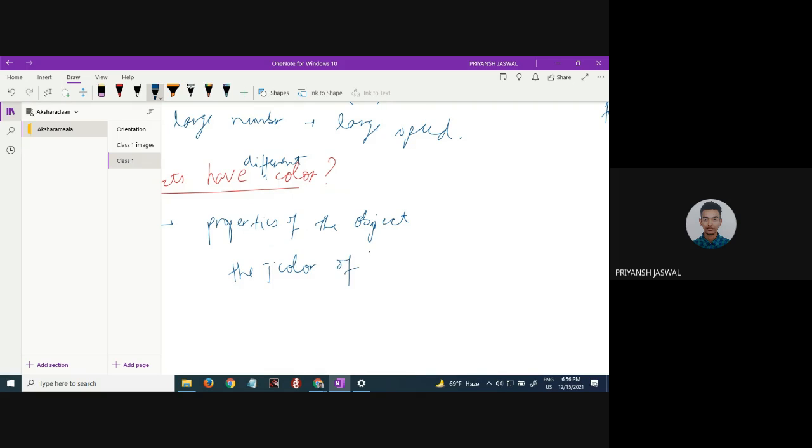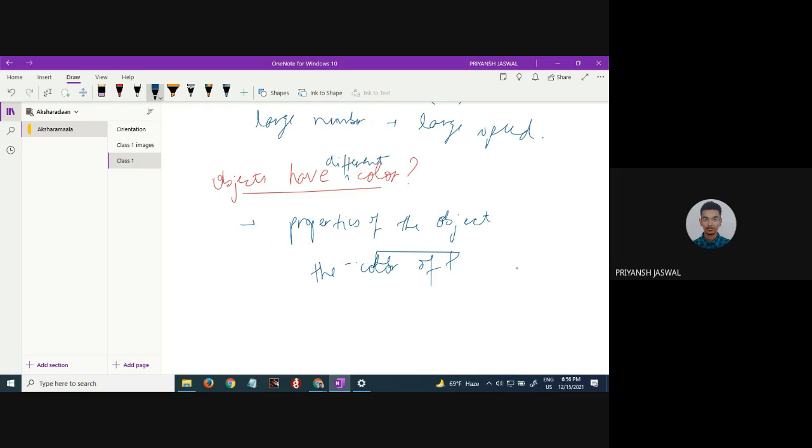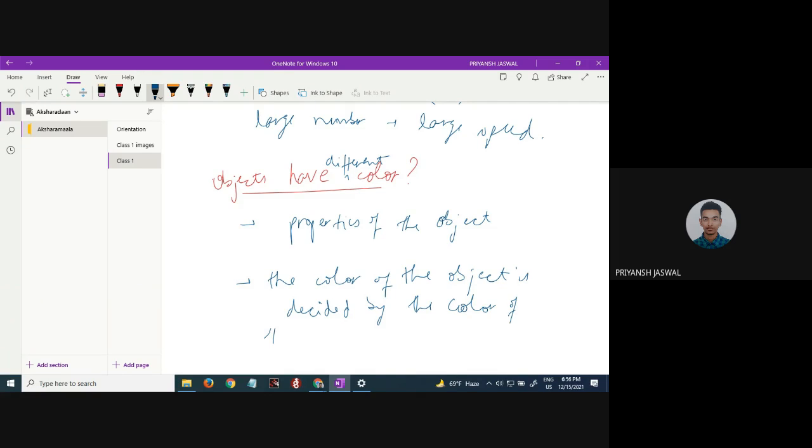The color of the object is decided by the color of the light it reflects.